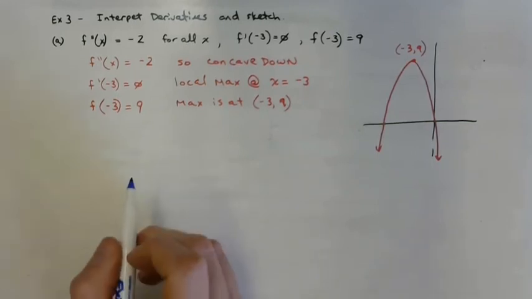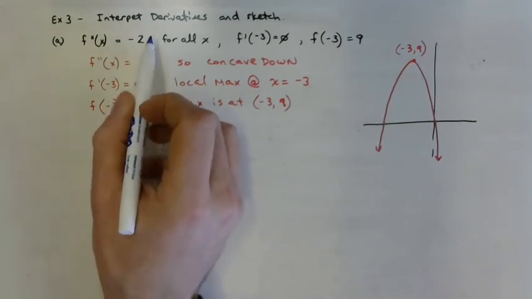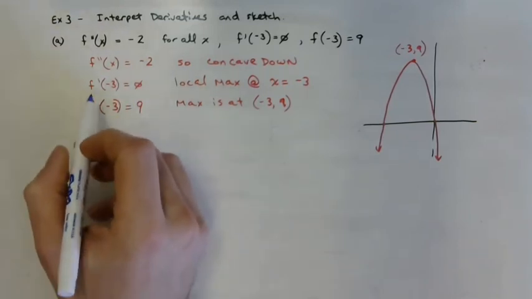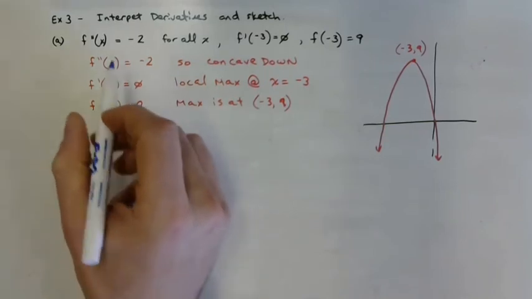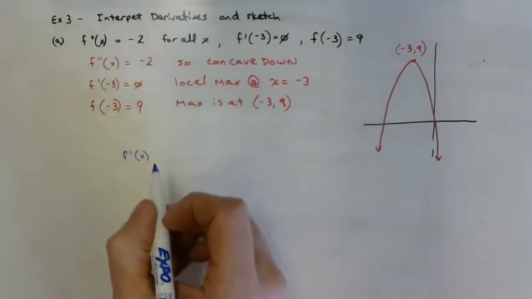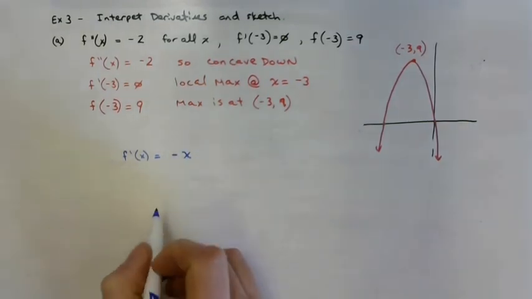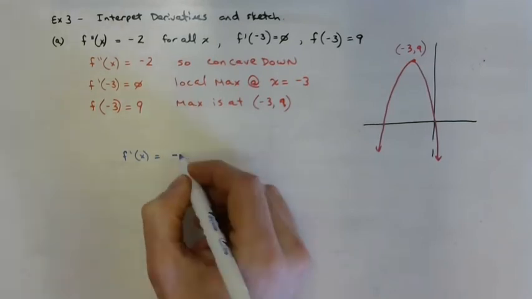If we wanted to think about this, kind of thinking backwards, if you have -2 here, then your first derivative could have been something like, if this is the second derivative and we're working backwards, then the first derivative would have been -2x.